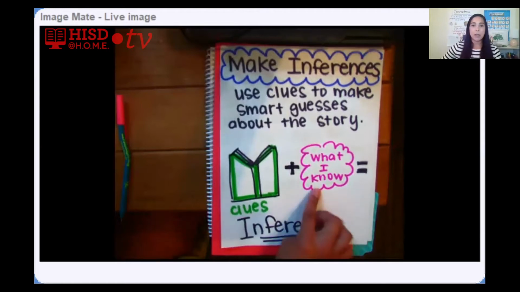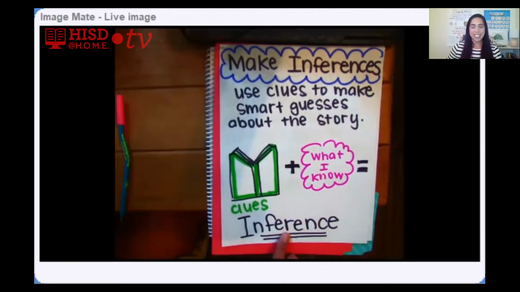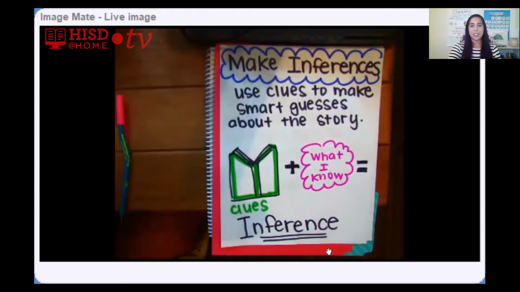And then I'm going to think about what I already know to make a final inference. I'm really excited to do that today, boys and girls. And so I have chosen a book that we can make inferences about. Let's go ahead and do that.